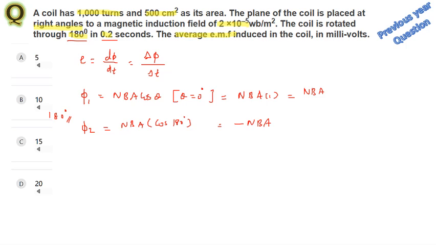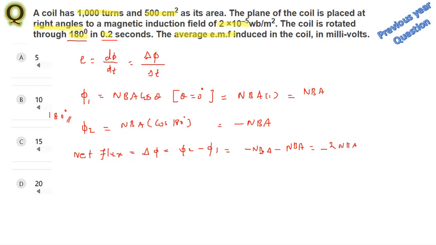Now the net flux change, so net flux change here is delta phi, that is nothing but phi 2 minus phi 1 here. Now from this one, what you are having here is minus NBA and minus of NBA here. So what you are having here is minus 2 NBA.